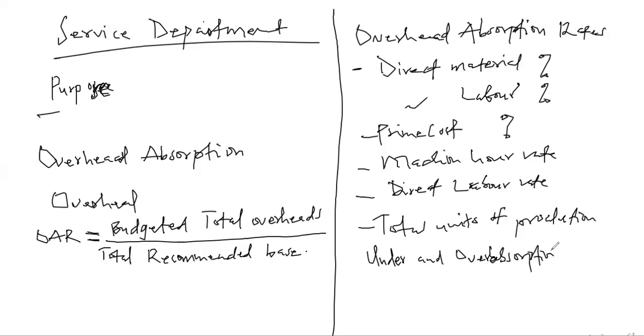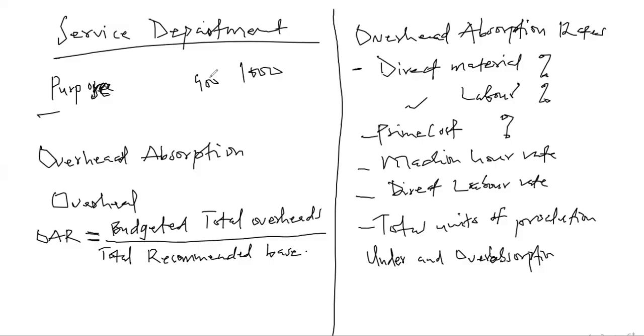So if we know that the total overheads is, let's say, 1,000, and after absorbing these overheads to the production, we're able to absorb only 900, it means we've under absorbed production.